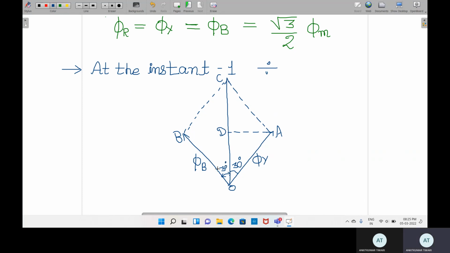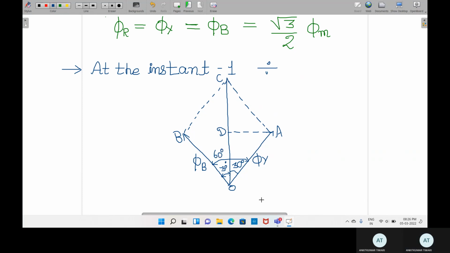So the total angle difference between OA and OB is 60 degrees.